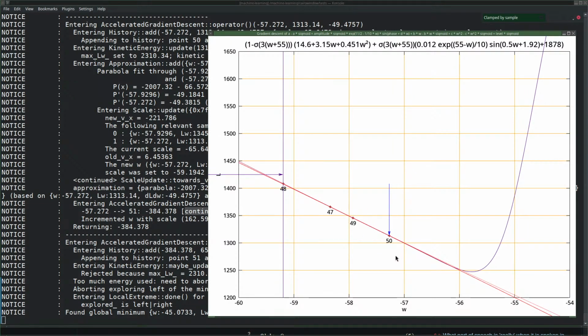Now, if you fit a third-degree polynomial between 50 and 44, then there is. Therefore, we should go in the direction of 44 because we're looking for a minimum. This is a new algorithm that I haven't included at all yet.